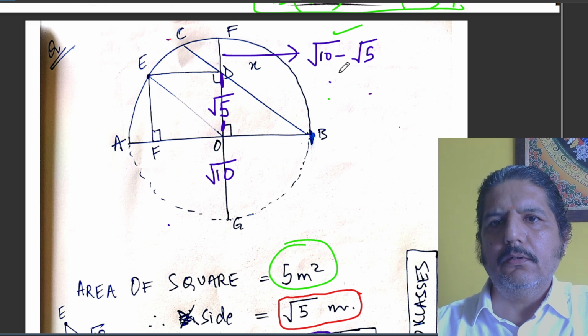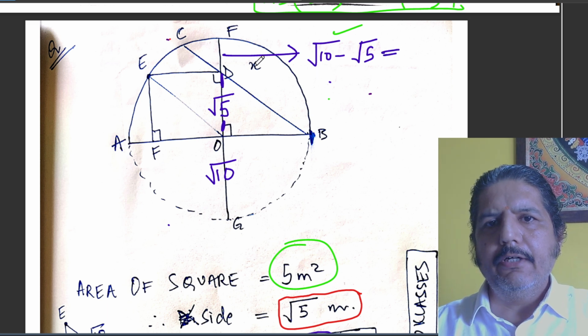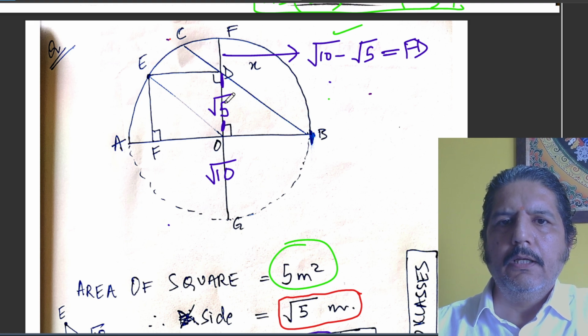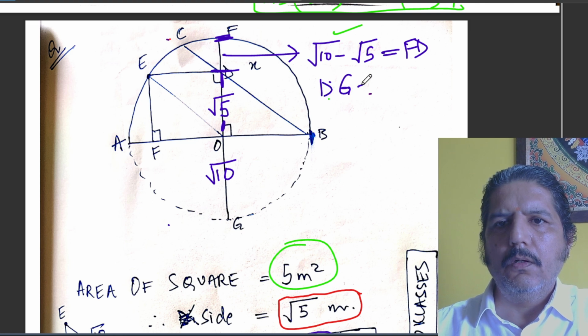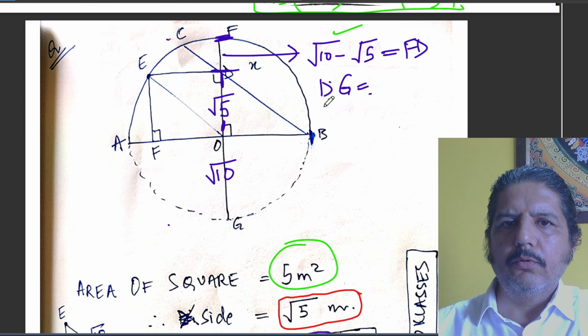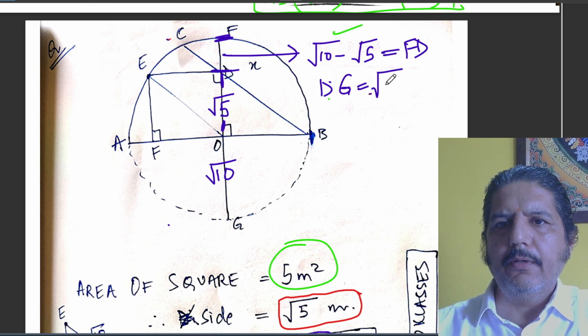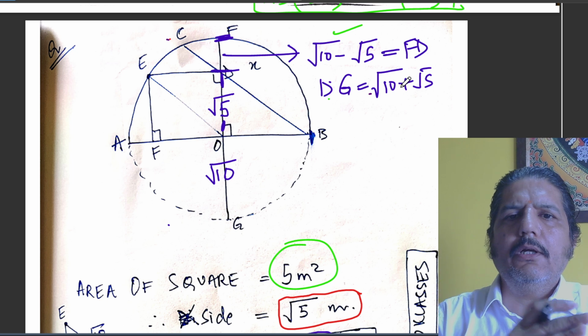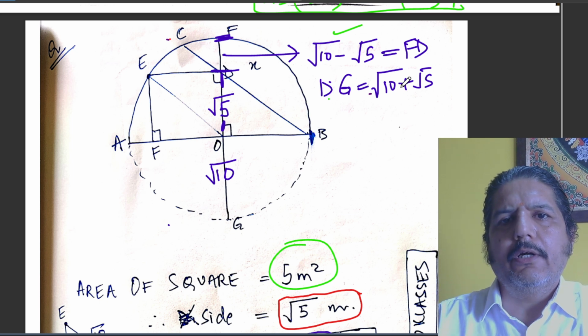I hope this is making sense. So FD is equal to root 10 minus root 5, this part, and DG is equal to root 5 plus root 10. Let me write it as root 10 plus root 5. I hope this is making sense. Otherwise, you can rewind it by 3-4 minutes and look at it again.